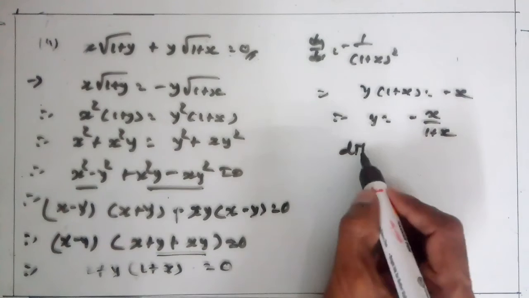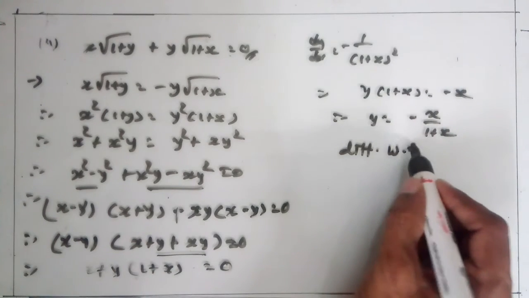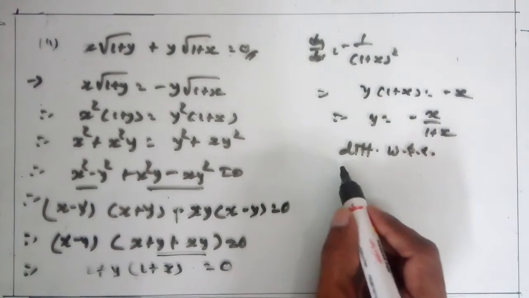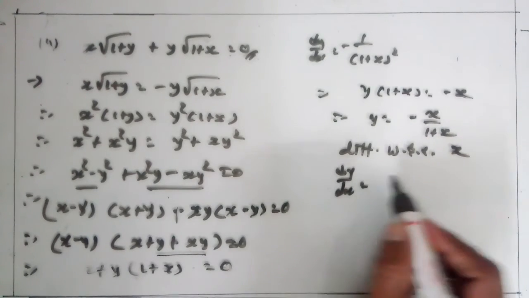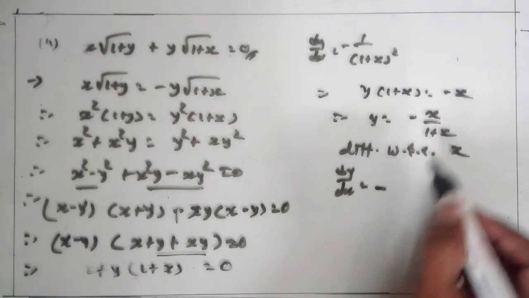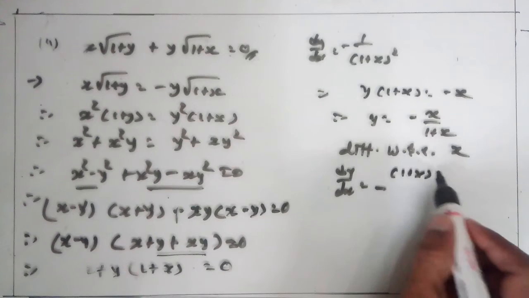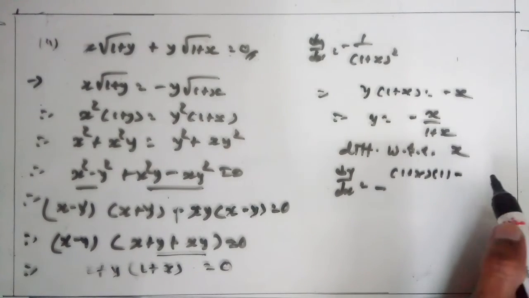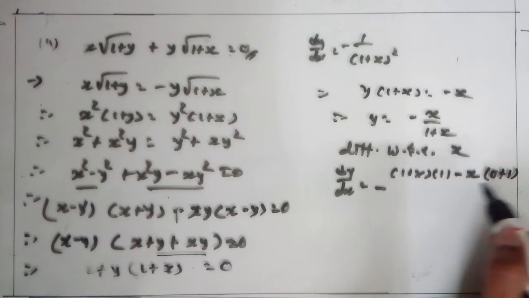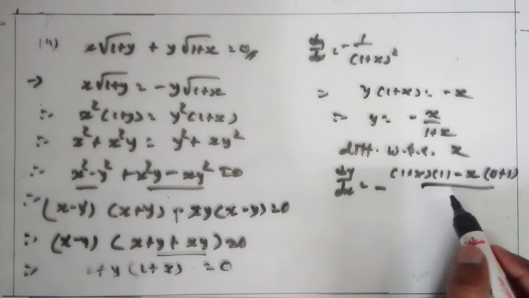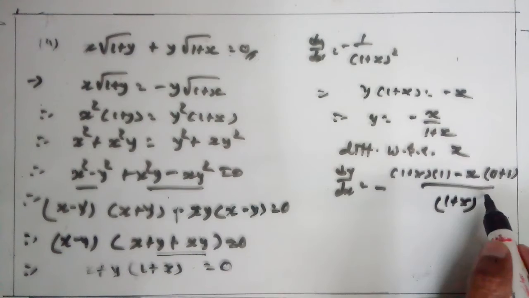Now differentiate with respect to x. So dy by dx is equal to minus, by the quotient rule, 1 plus x into the derivative of x, which is 1, minus x into the derivative of 1 plus x, where the derivative of 1 is 0 and of x is 1, upon the square of 1 plus x raised to 2.